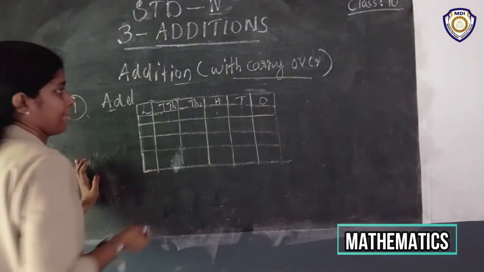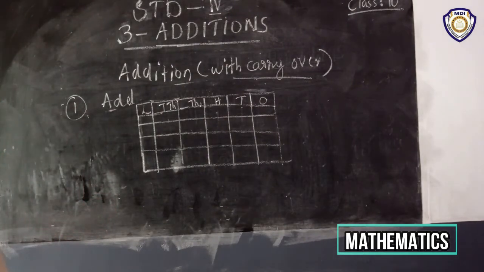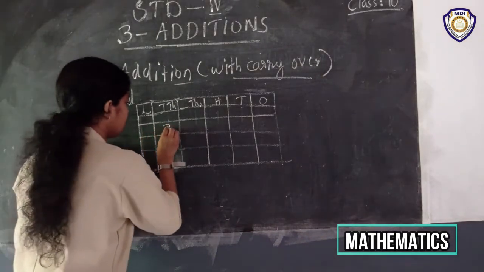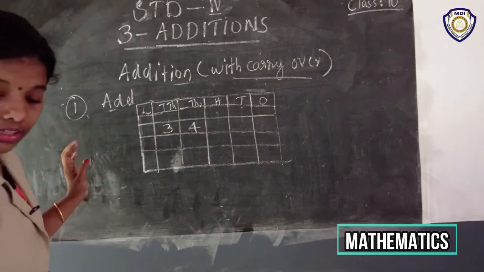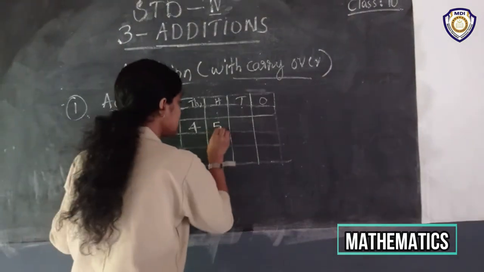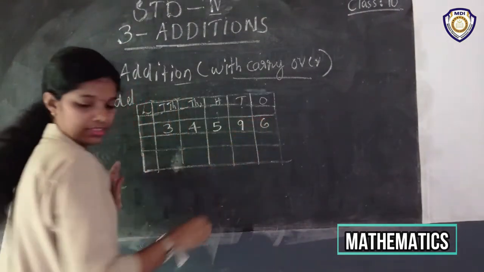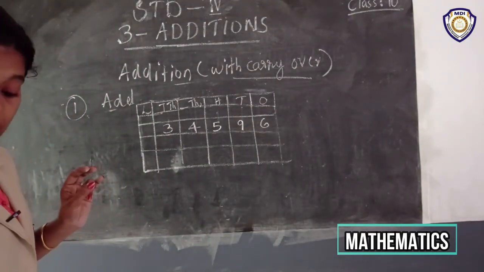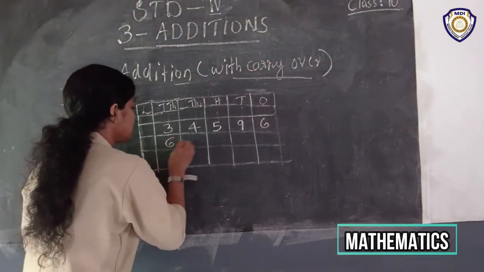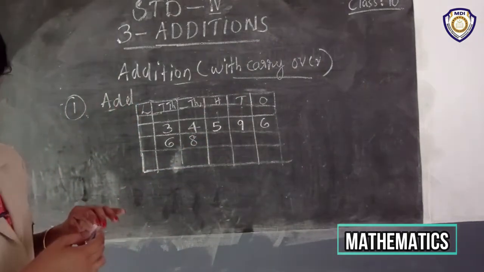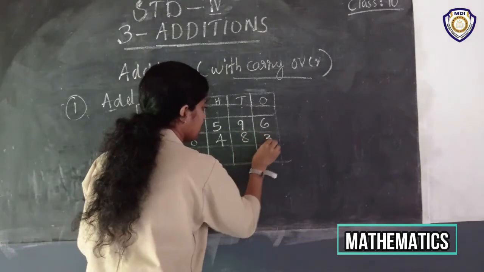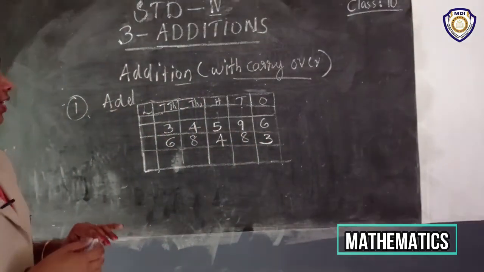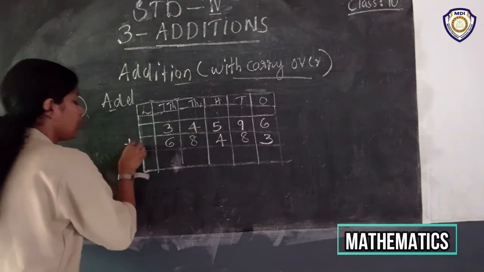Third: 34,000, 596, 68,000, 483. Okay. All of you listen here.